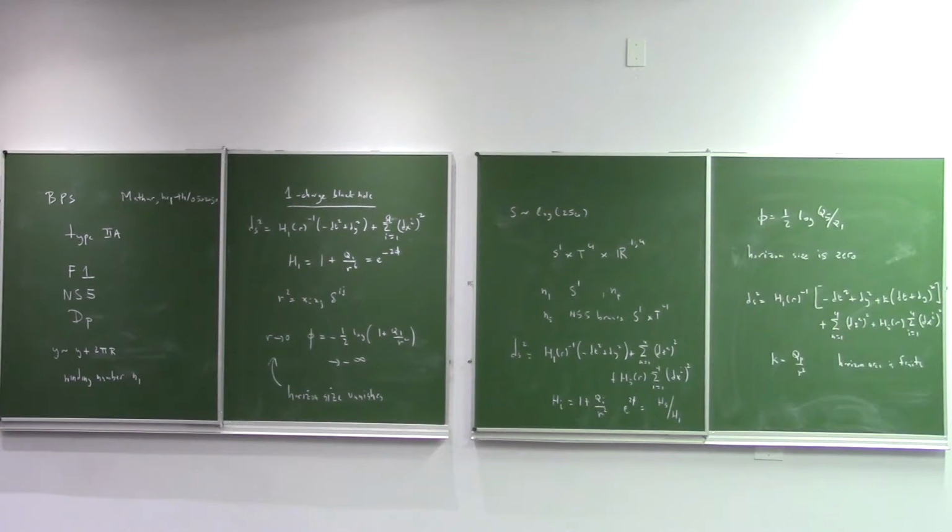What does it mean to have a zero horizon, a horizon that is vanishing? Does it mean that the distance between the singularity and the horizon is also zero? Yes. It means the horizon sits on top of the singularity. It means classically, the entropy is zero.